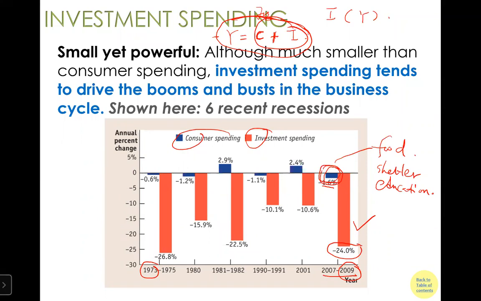What is investment? Investment here, just think about buying a new house or a bigger house, or a new car, or think about a business expanding their factory. So if the recession hits and the economy is not doing well, you probably want to stop or postpone your upgrade plan for your house, right?